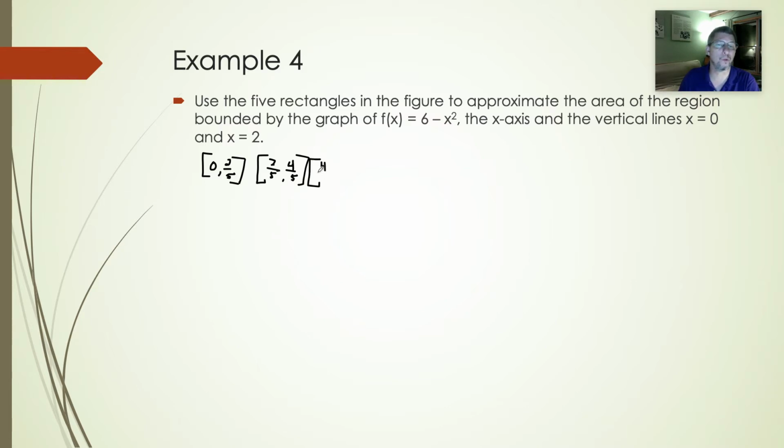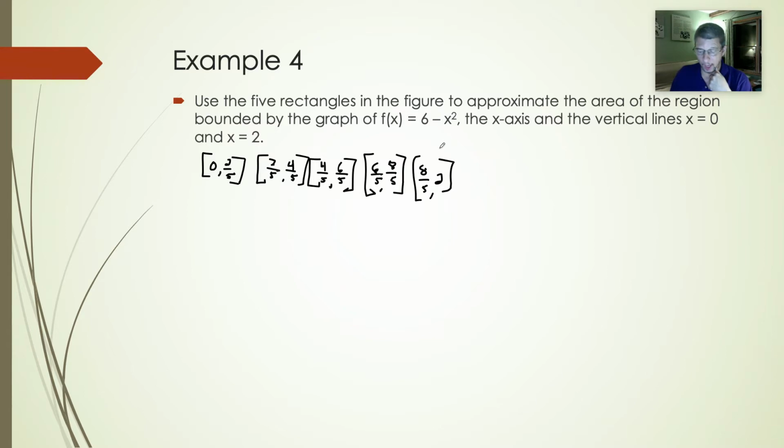Now, 6/5 is really 1 and 1/5, but we'll just leave it as 6/5 because it'll make the math easier. Then 6/5 to 8/5, and finally 8/5 to 2, which is 10/5 if you think about it. Those are my intervals.